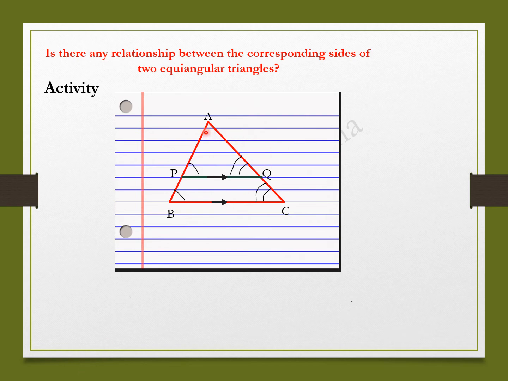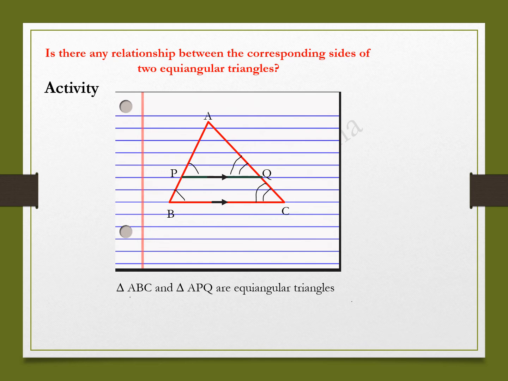We have two triangles APQ and ABC with two angles already equal, and the third angle, angle A, is common to both. So we can say that these two triangles are equiangular triangles. Triangle ABC and triangle APQ are equiangular triangles.